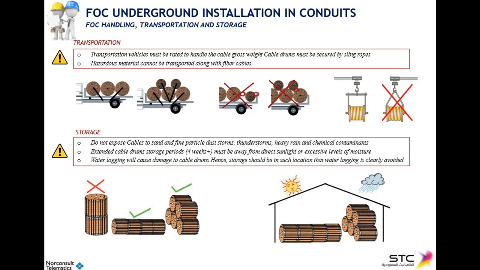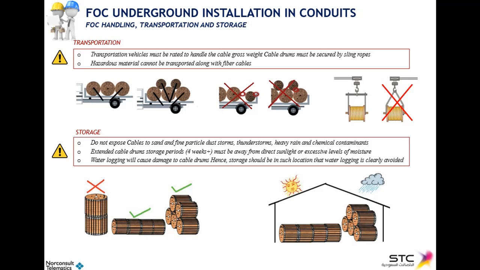On the lifting procedure, there is only one correct way to lift a cable drum, by making use of this bar placed horizontally, so the tension is vertically applied to the axle and the flanges are not damaged, which is a potential hazard if you use just a crane without the bar.